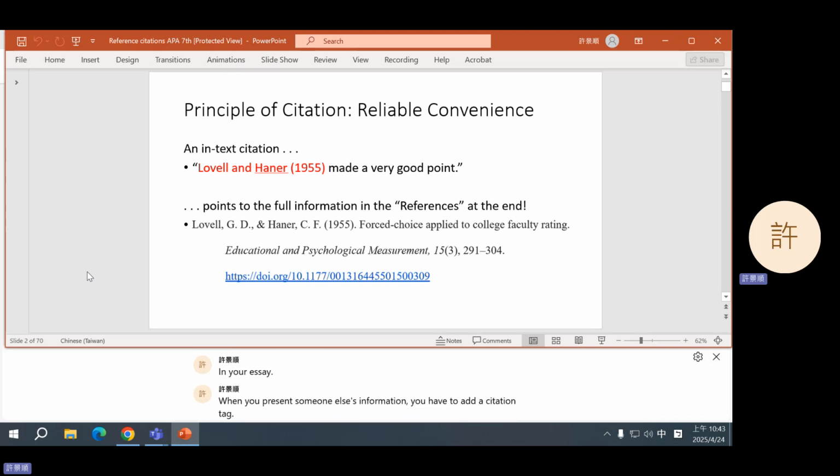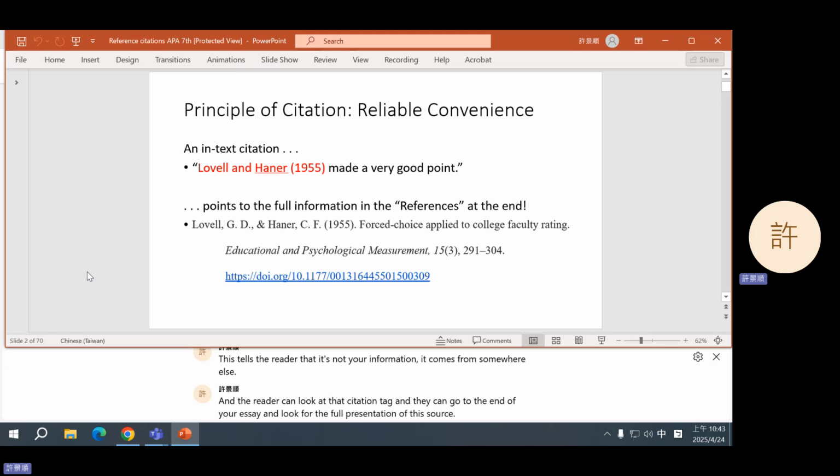This tells the reader that it's not your information, it comes from somewhere else. And the reader can look at that citation tag, and they can go to the end of your essay and look for the full presentation of this source.